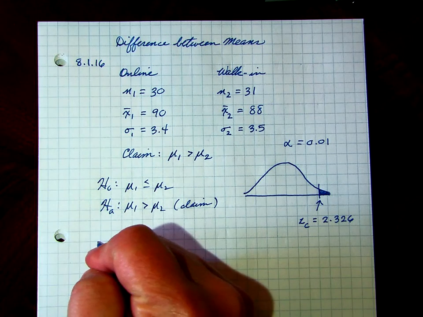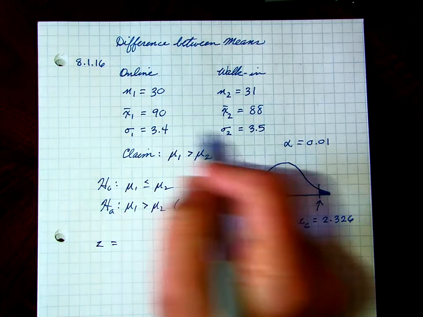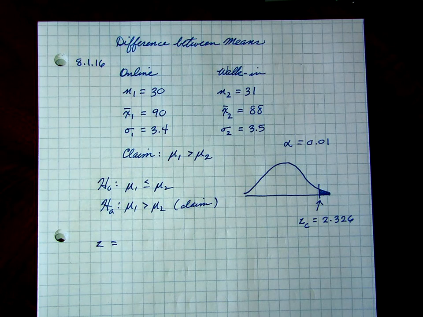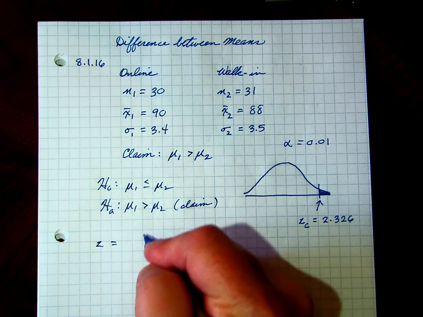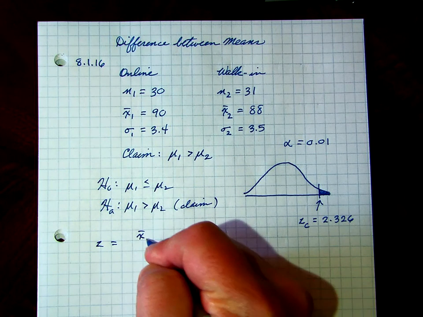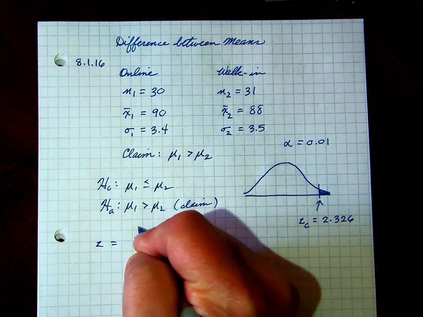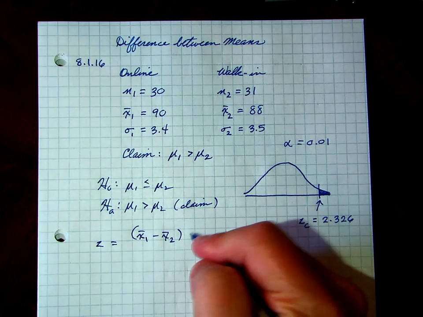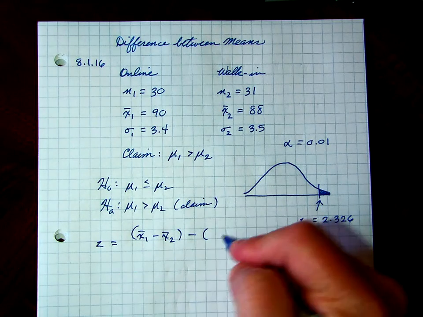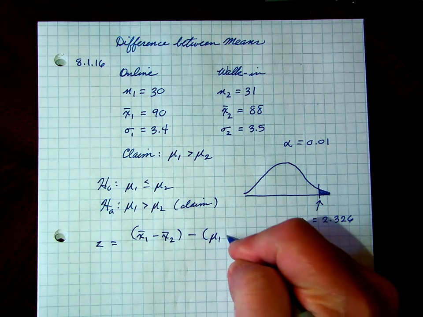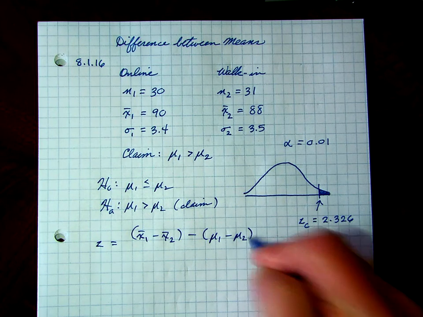The statistic in this case is a z-statistic since we know the standard deviations, and it looks like this. We take x1 bar minus x2 bar. That's the difference of those two means. We subtract mu1 minus mu2, okay?